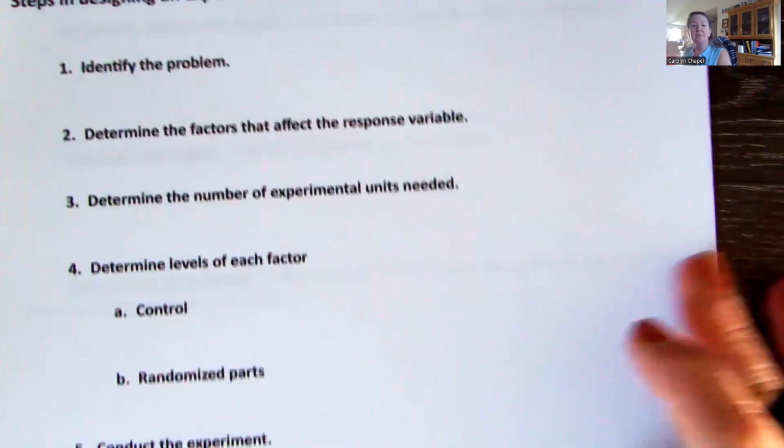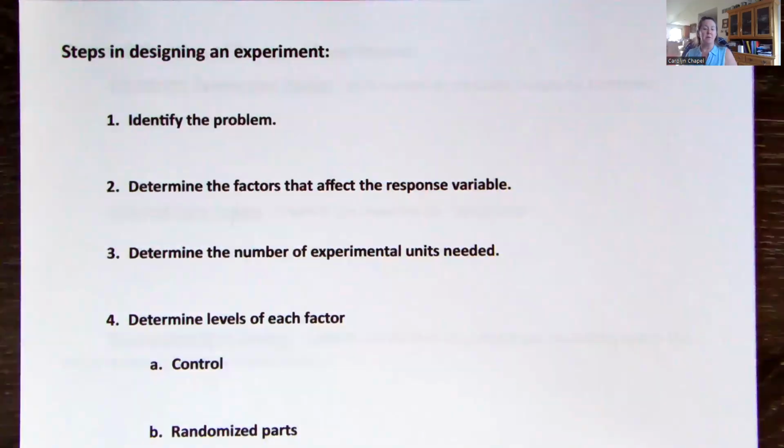All right, there are some steps when you are designing an experiment, and these are the same steps that you would see in a biology class or a chemistry class or anything of any nature where you're designing some sort of experiment. The first thing you're going to want to do is to identify the problem. It might not be a problem, but you might want to identify what you want to do.